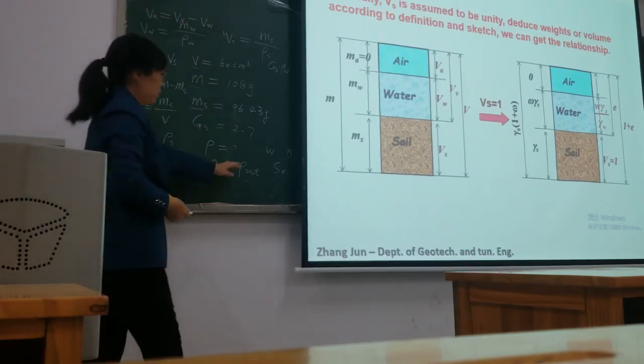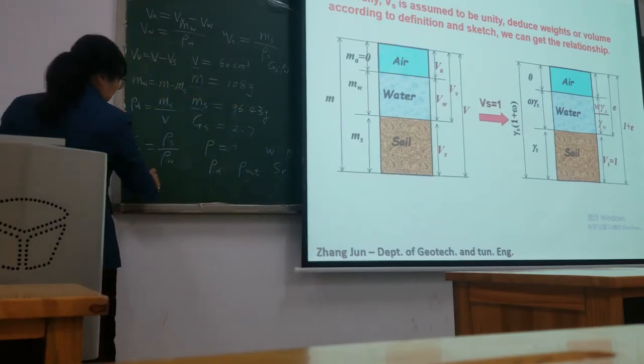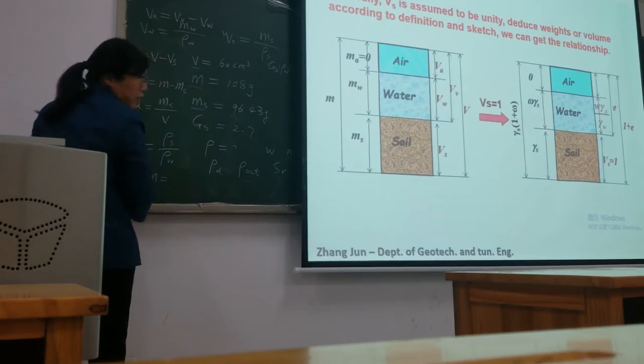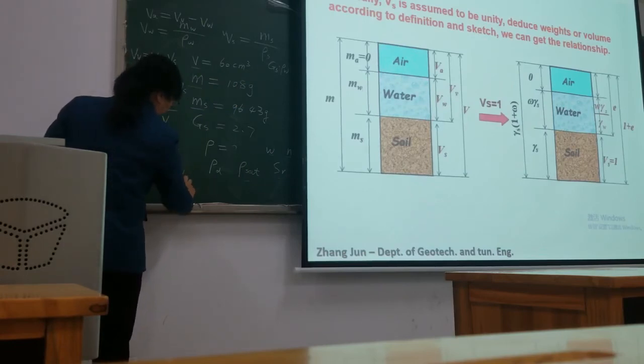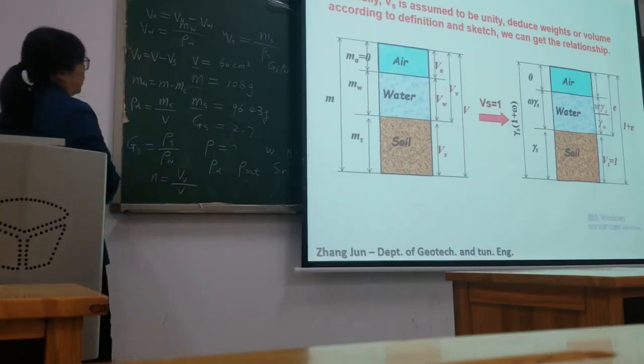So, the porosity equals Vv divided by V. Here we know.